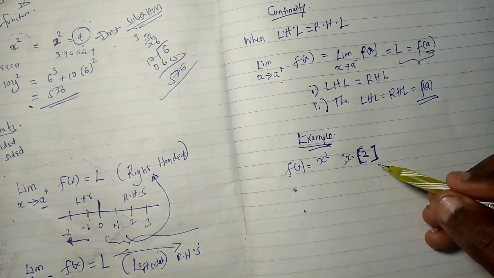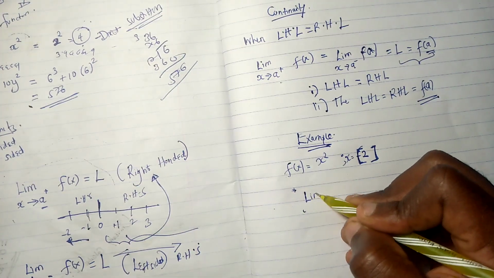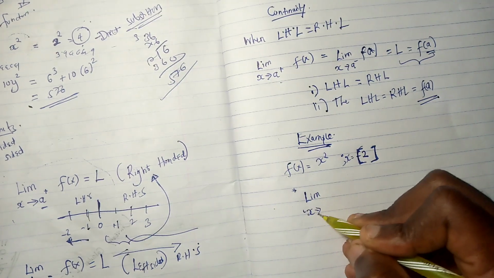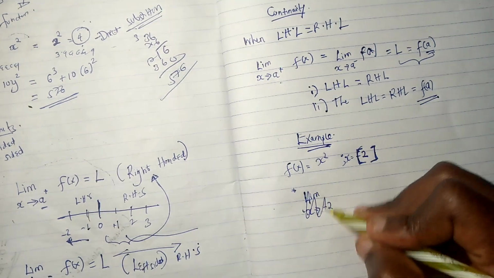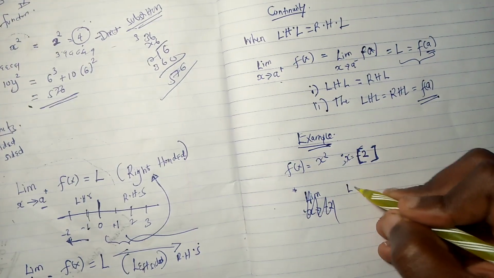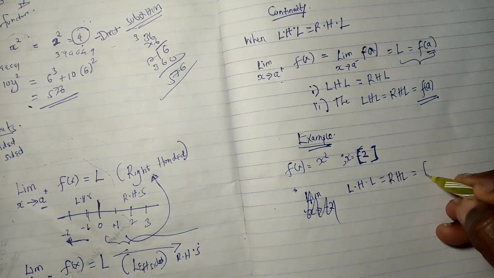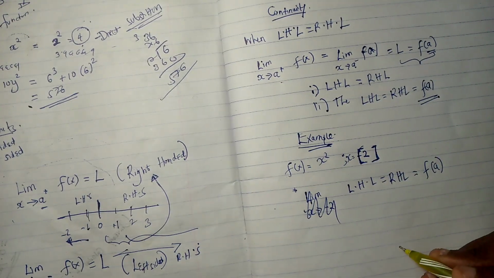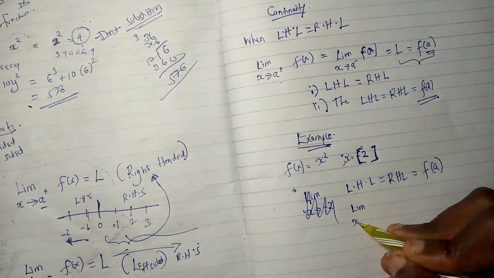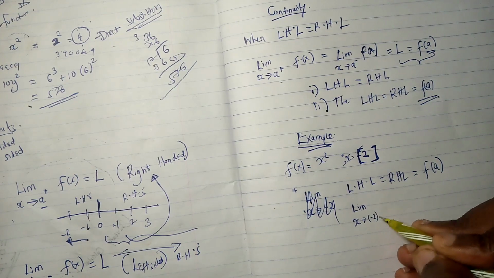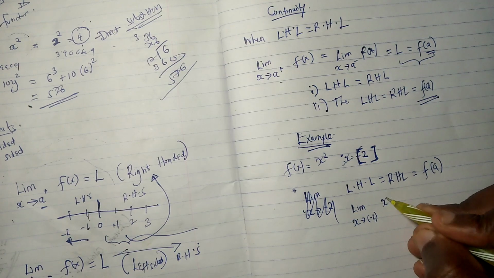So you are going to test. Let's begin with the formula: LHL is equal to RHL is equal to f of a. So LHL is the limit as x approaches 2 in the negative direction of x squared.